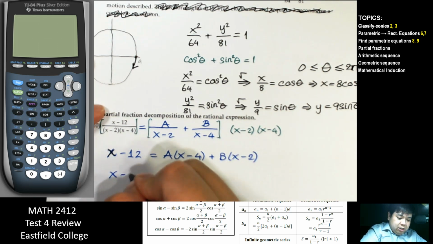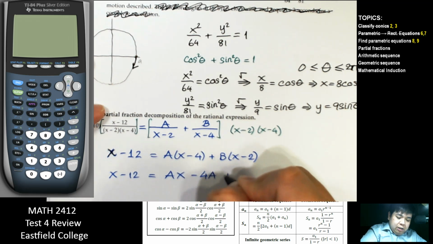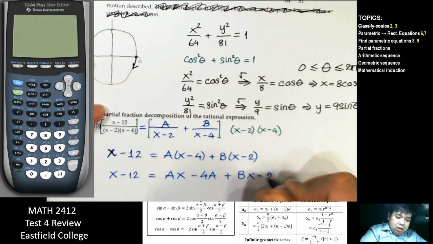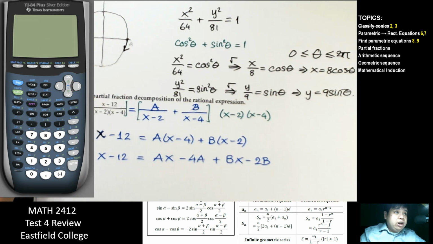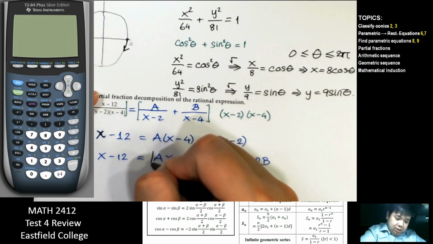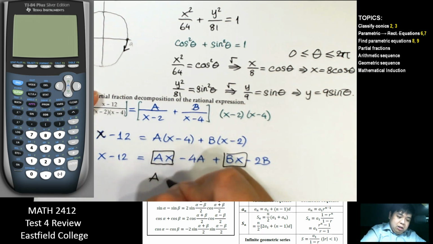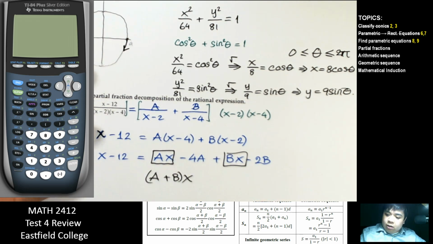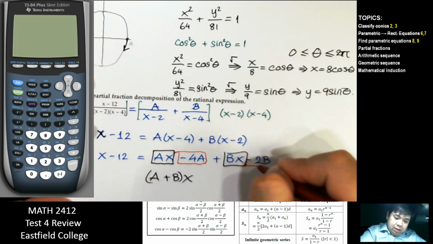Multiply it out. Ax minus 4A plus Bx minus 2B, and then group the coefficients, Ax, Bx. We have A plus B, where we factor out an x.